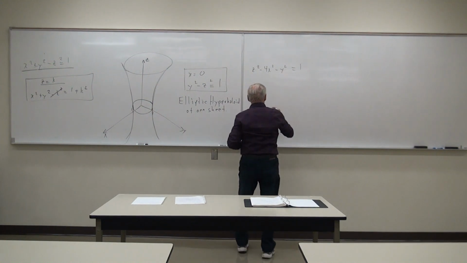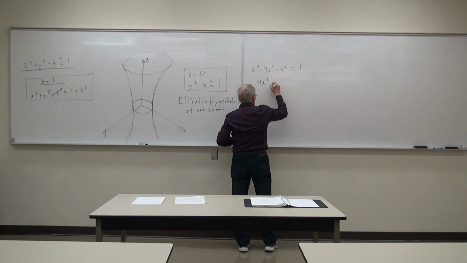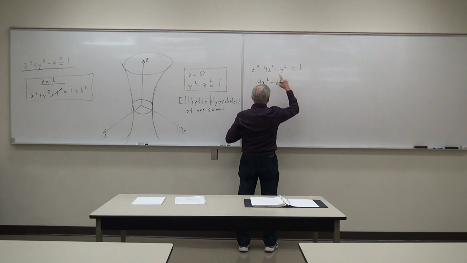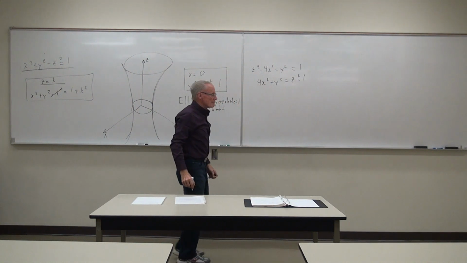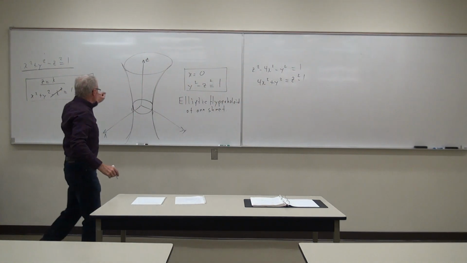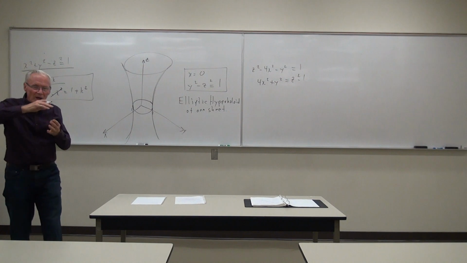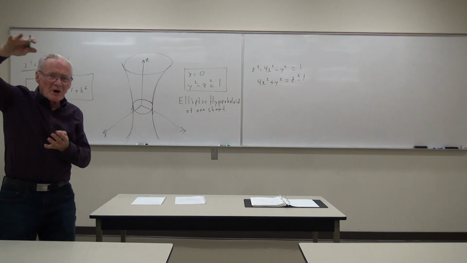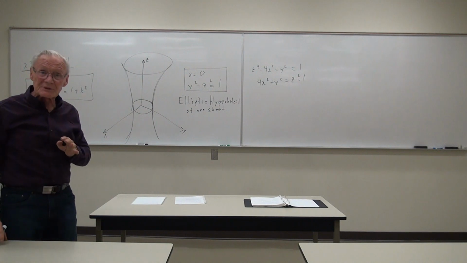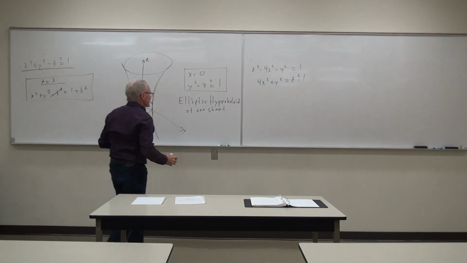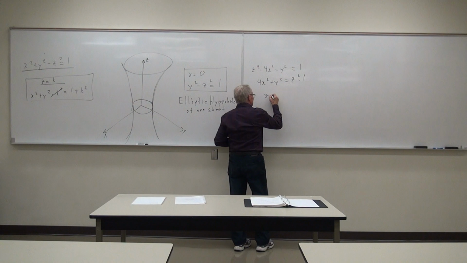So I'm going to key into writing 4x squared plus y squared is equal to z squared minus 1. And then I'm going to do the same thing I did here. I'm going to cross-section it with horizontal planes, producing, therefore, I think, ellipses. So let's intersect with z equal to k.